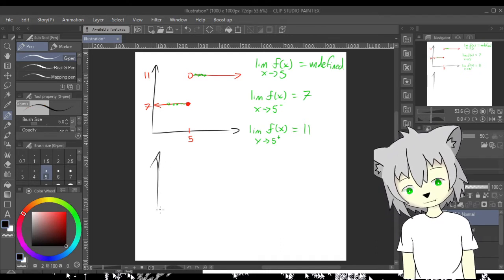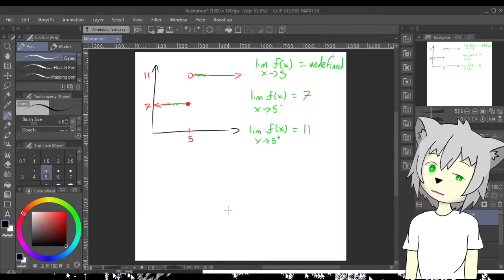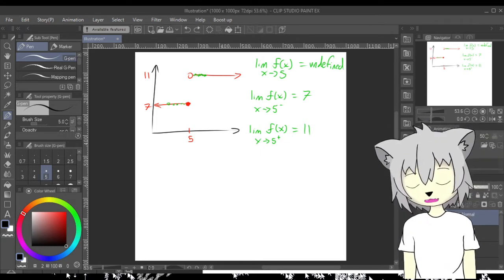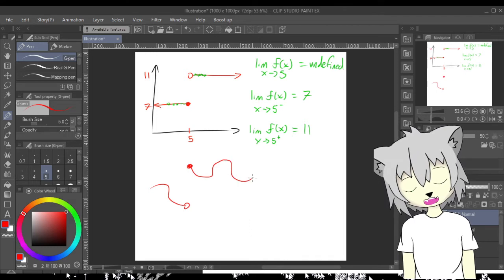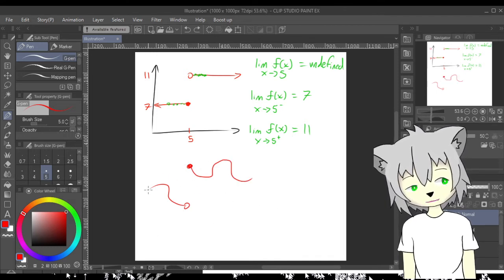Other functions, I guess, that's really all you need to know, because you could technically have functions that jump around here. You still technically define at this point, it doesn't really matter, squiggly, there, and there.